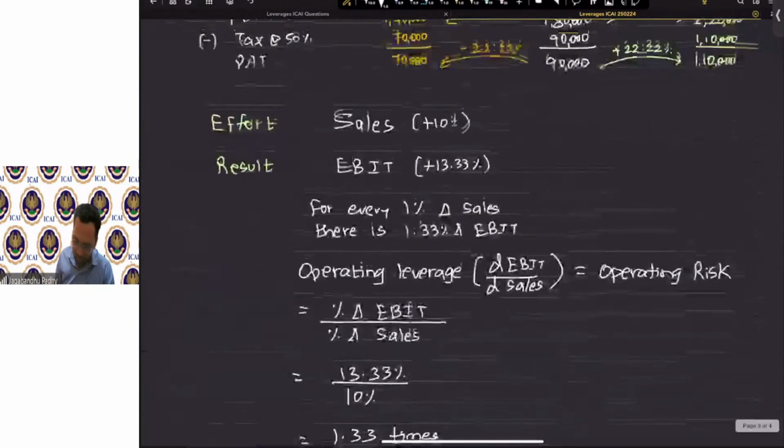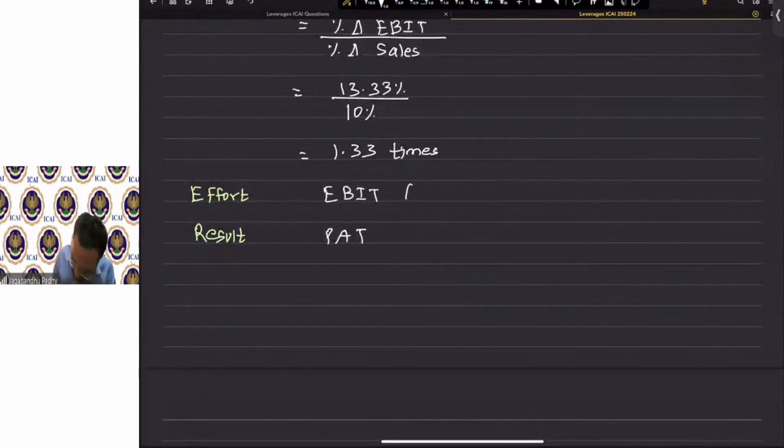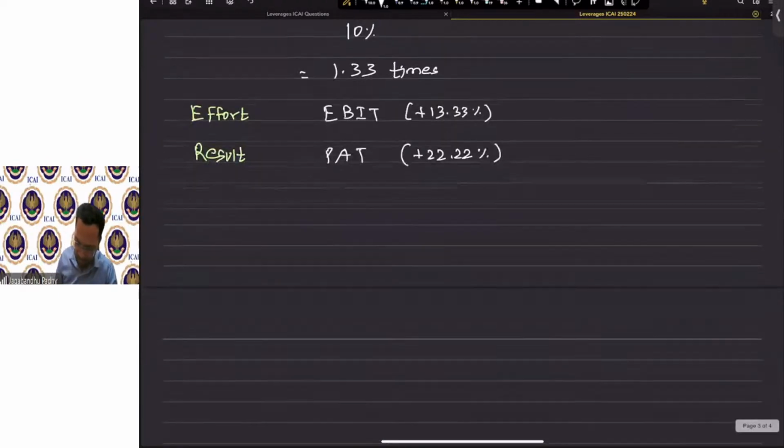Then what is the resultant impact? We find that when my EBIT is increasing by 13.33%, my PAT is increasing by 22.22%. So again, here the effort is going to pay you a higher degree of result.